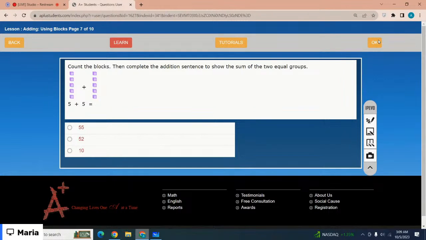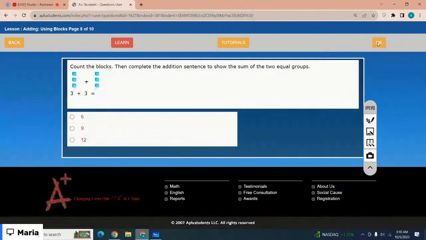Yes, very good. The correct option is 5 plus 5 makes 10.